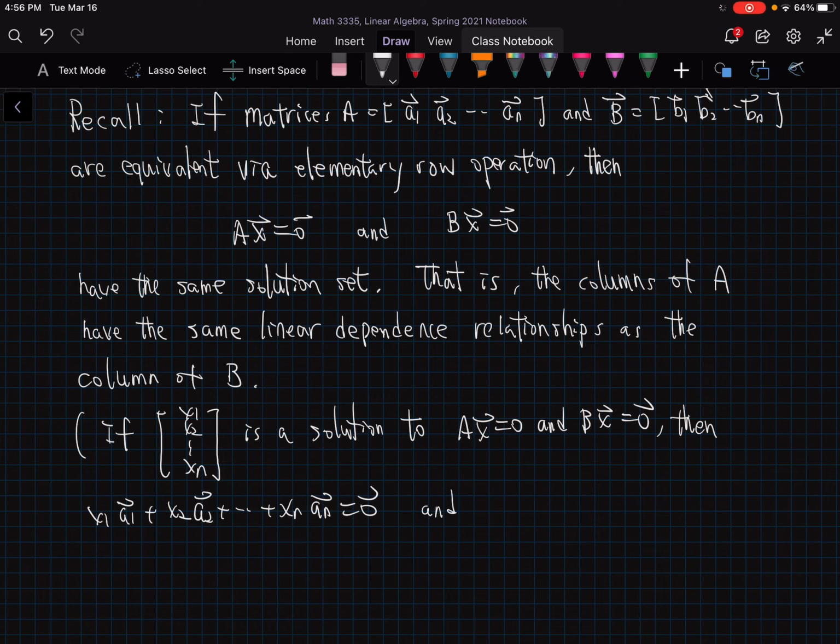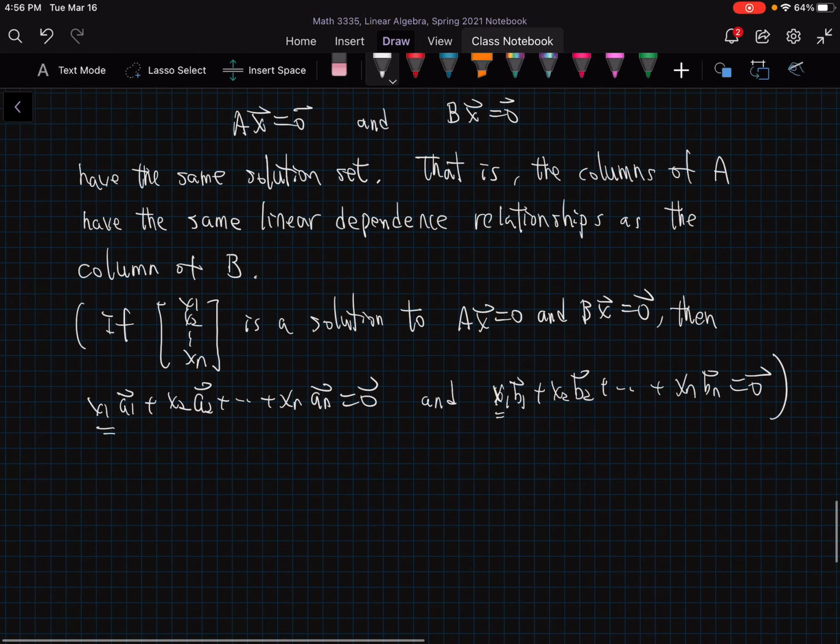And so this is true: x1 B1 plus x2 B2 to x sub n B sub n equal to 0. So the same x's work for both systems. So the linear dependency of A's columns, the vectors here, and the linear dependency of B's columns are the same. So what good does that do for us?